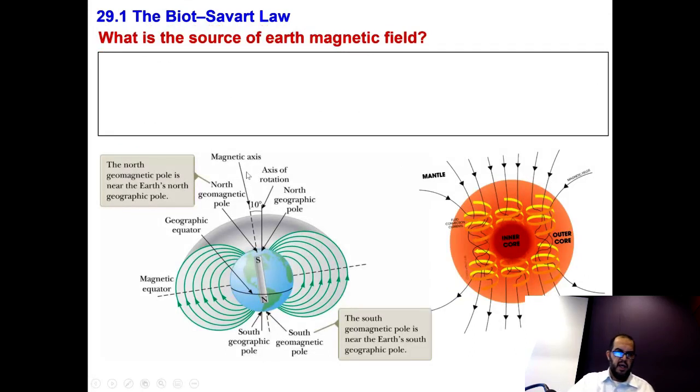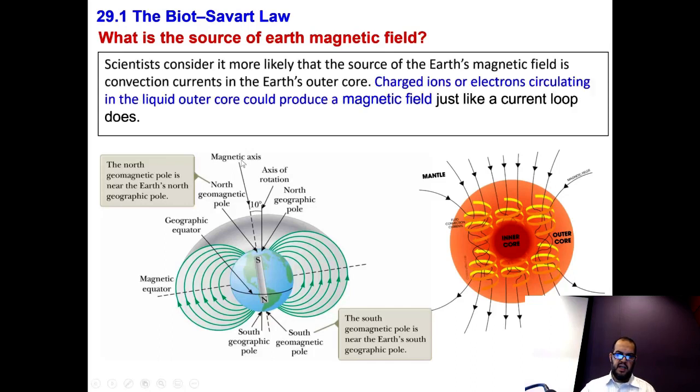Okay, so what is the source of Earth's magnetic field? We said that Earth has a magnetic field. The magnetic field is very important. It protects us from cosmic rays, and the scientists think that what is causing the Earth's magnetic field is charged ions and electrons circulating in liquid form. So these are ions, basically charged atoms.